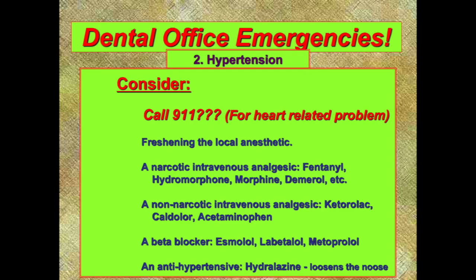Do we need to give some more narcotic or non-narcotic analgesic to the patient because they're experiencing pain? Do we need to give a beta blocker for increased heart rate? Or do we need to give an antihypertensive like hydralazine to loosen the noose? There are a lot of different causes of hypertension, and there are different ways to treat it once a diagnosis has been made for the patient. There's always a difference.